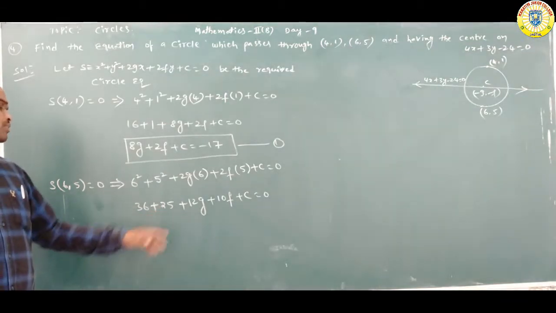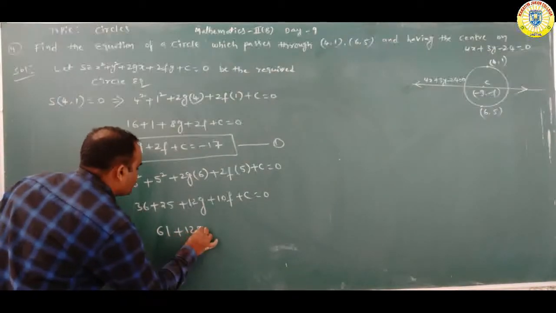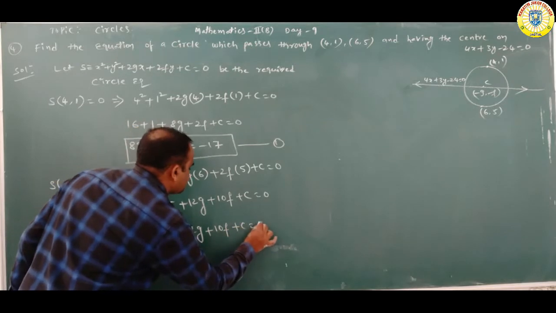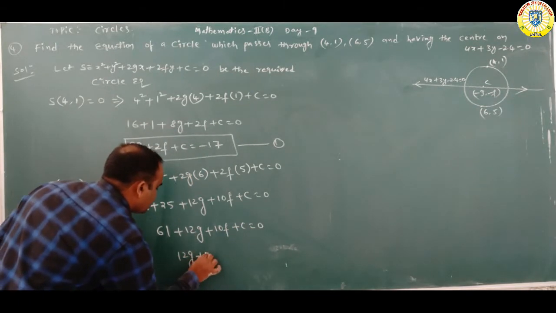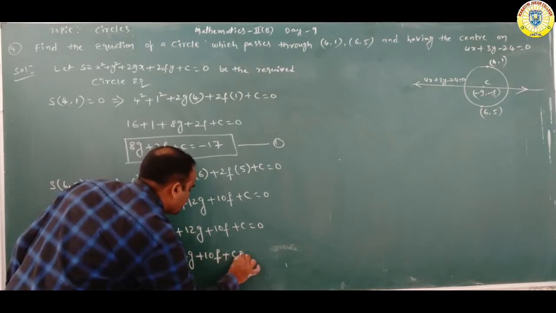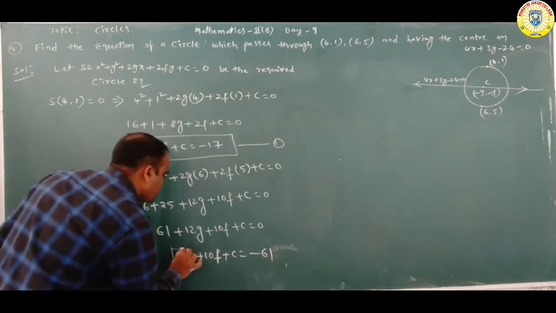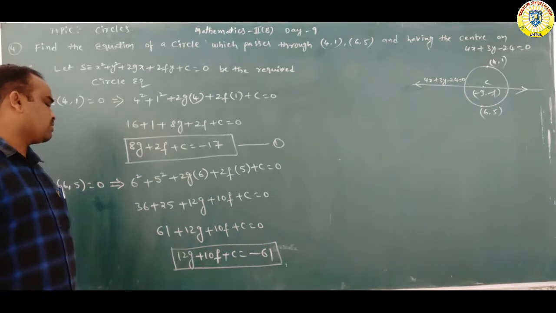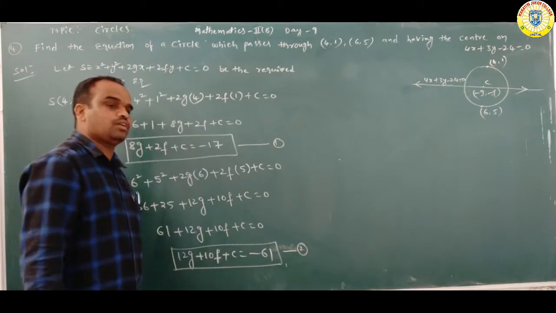So 61 + 12g + 10f + c = 0, that is 12g + 10f + c = -61. This we are taking as equation 2.